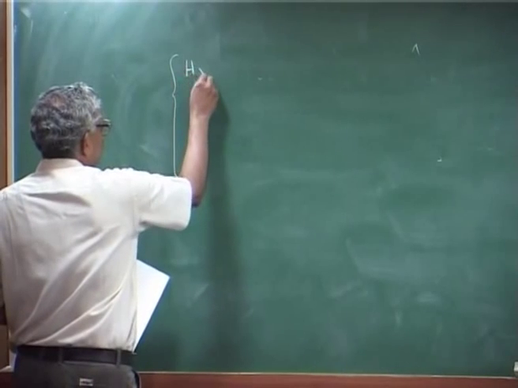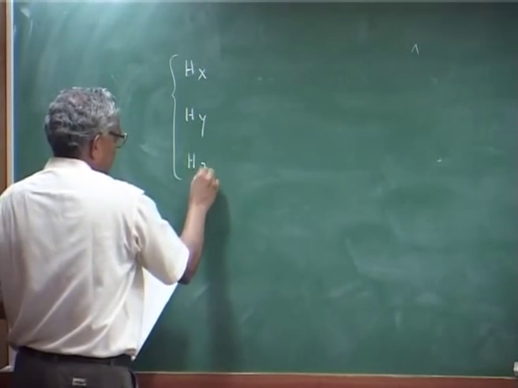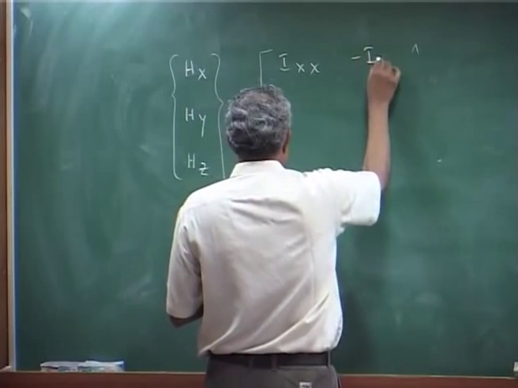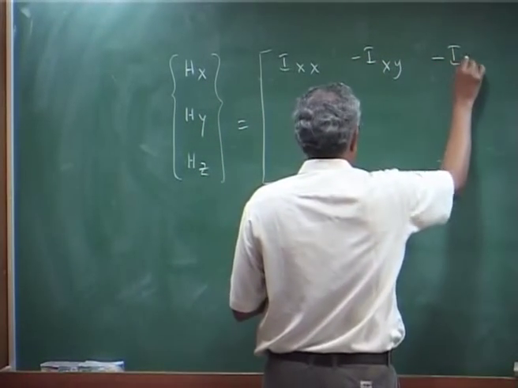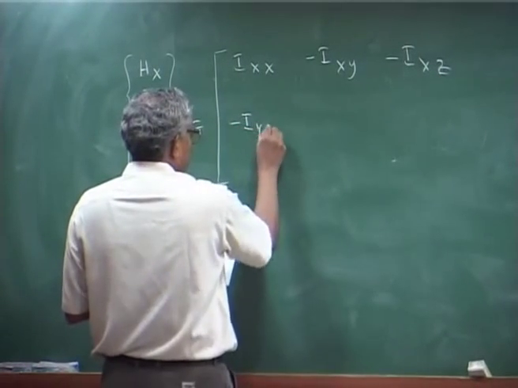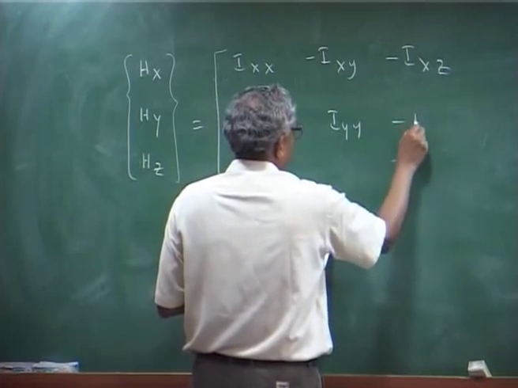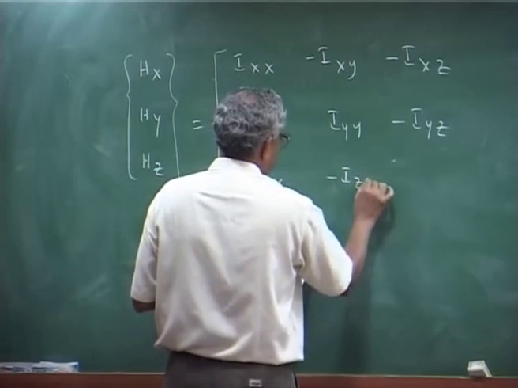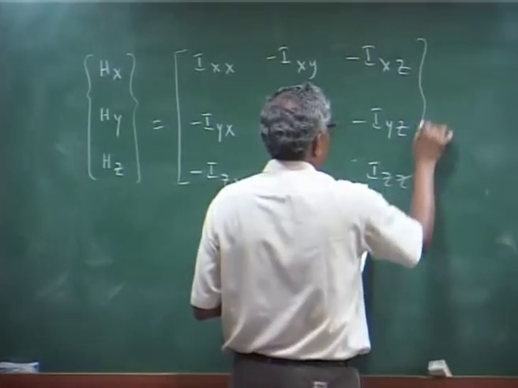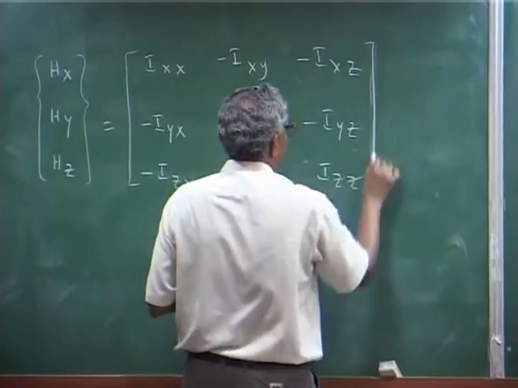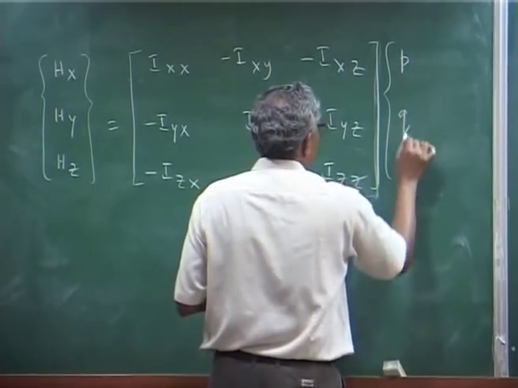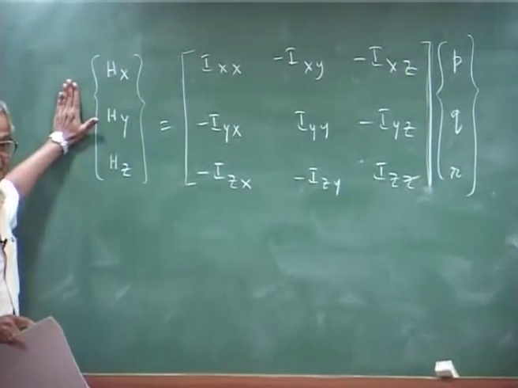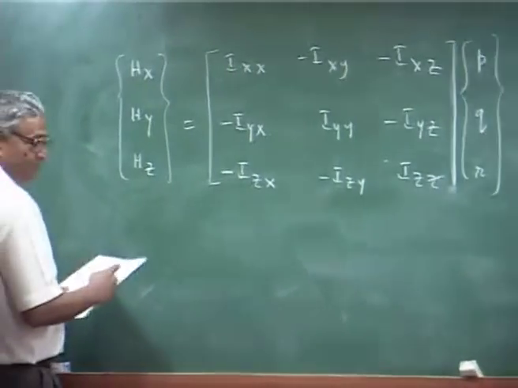So, I am writing here Hx, Hy, Hz, because angular momentum is a vector, and this is a symmetric matrix, with Iyz, minus Izx, Izy, Izz, times P, Q, R. This is my angular momentum of the body, the H vector.